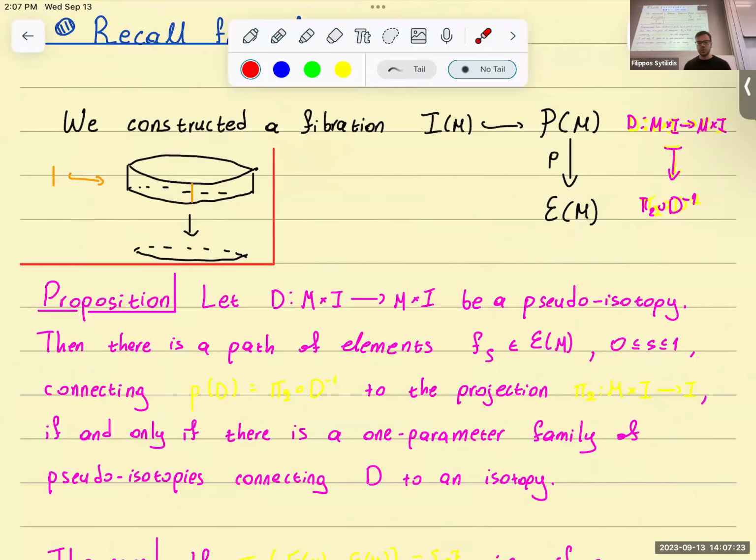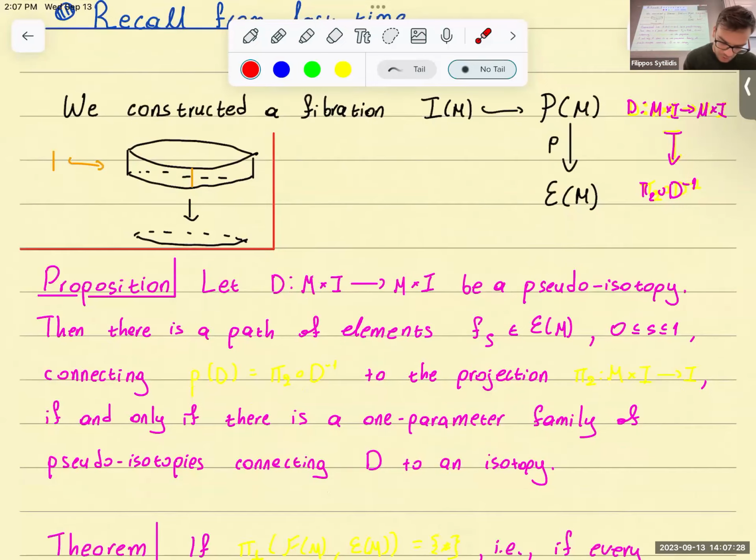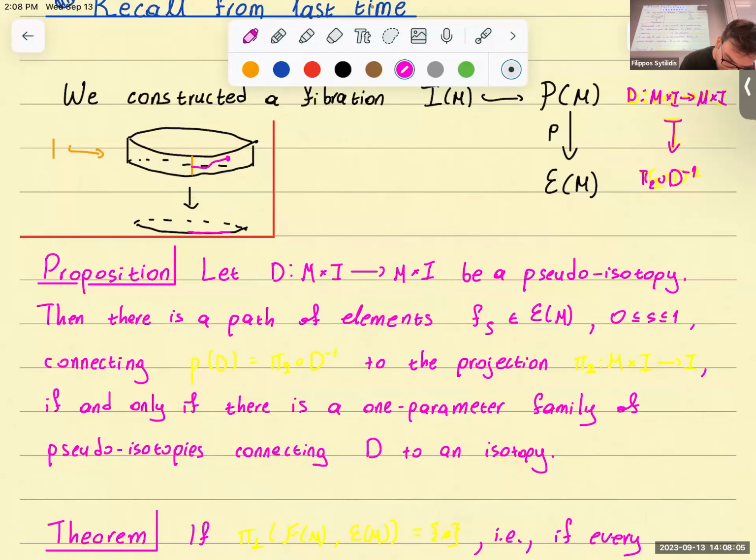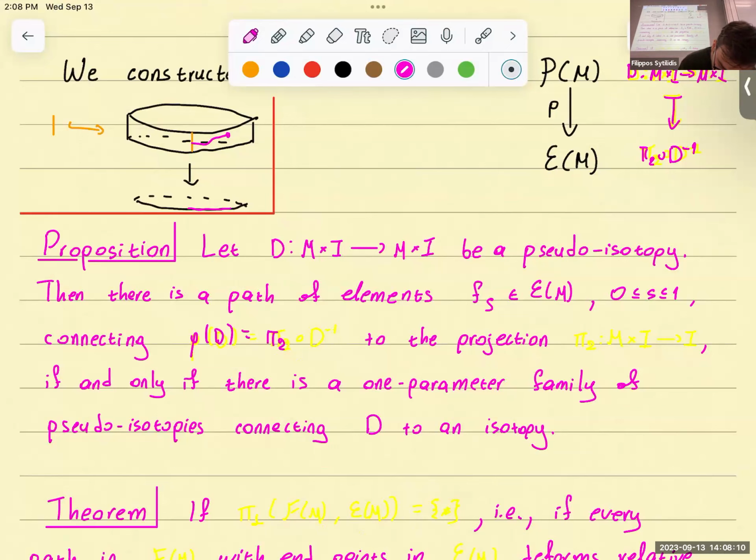But the main proposition that we ended with is that if you give me a pseudo-isotopy D, so maybe think of your pseudo-isotopy as living up here in the fibration, there's going to be a one parameter family of pseudo-isotopies connecting D to an isotopy, so a path upstairs to an isotopy, if and only if there is a path of real valued functions with no critical points connecting P of D, so connecting pi 2 composed with D inverse to the projection pi 2 from M cross I to I. That's the proposition that we ended with, and that's the proposition that allows us to take the pseudo-isotopy problem and translate it into a problem about smooth functions.